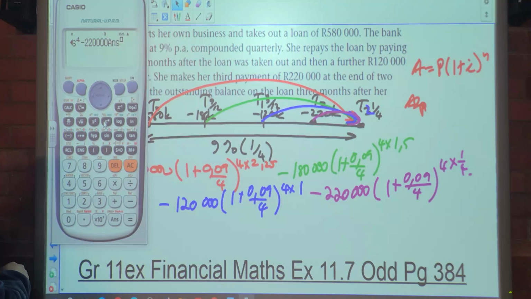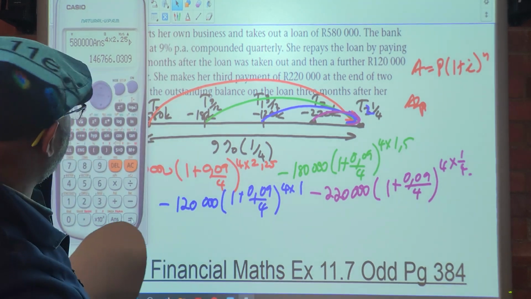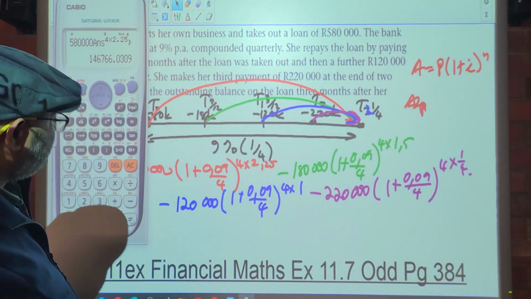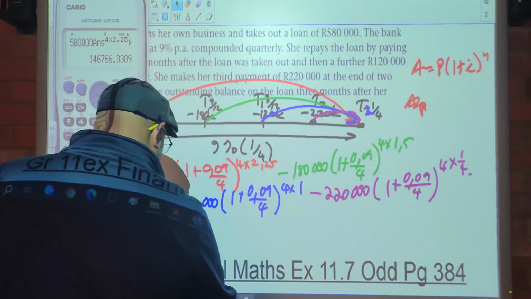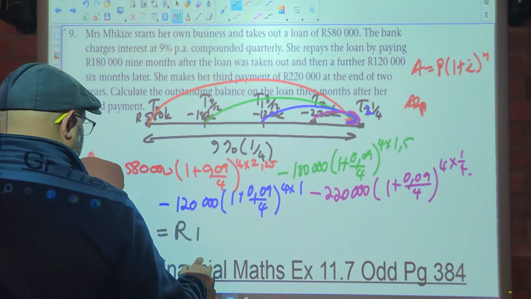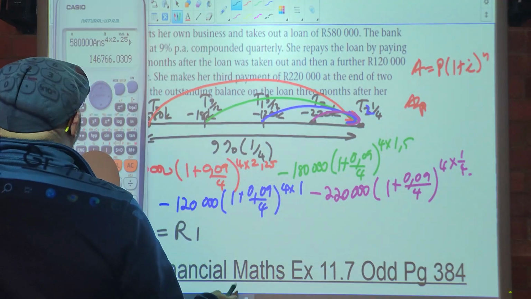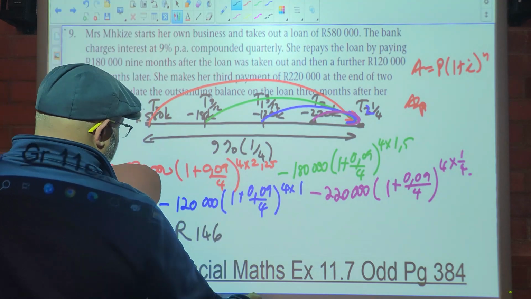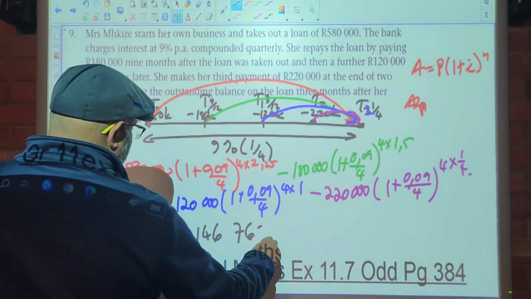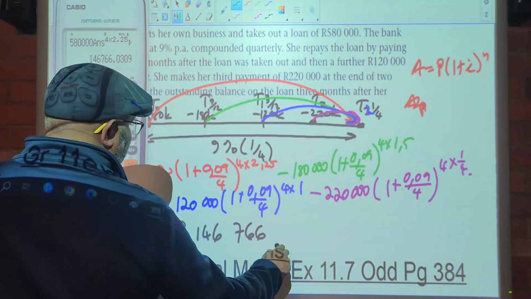It gives me an answer of 146,766 rand and 3 cents.